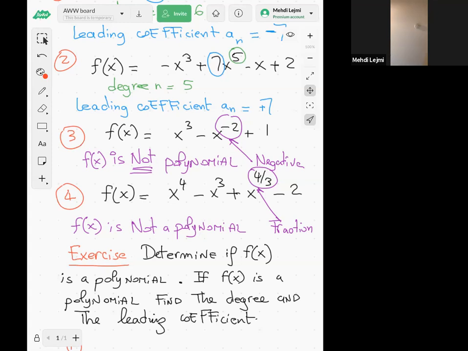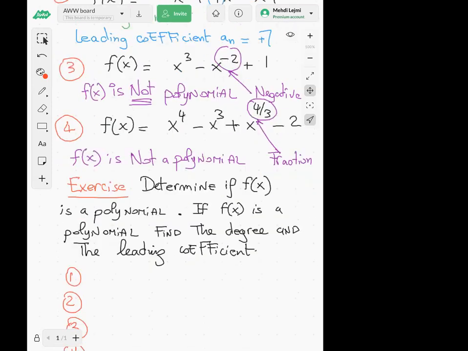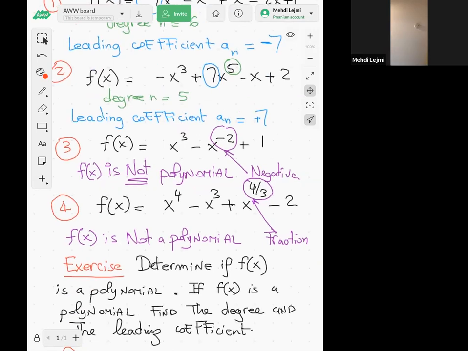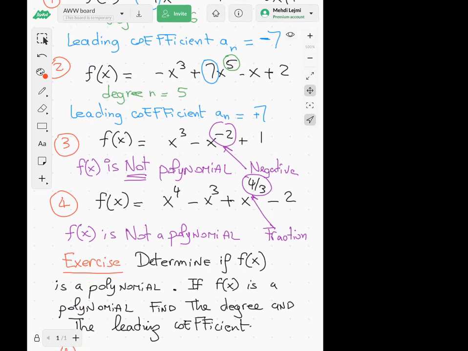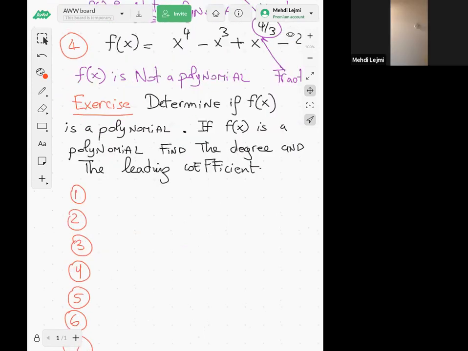So then your degree is 5. It's not 3, right? So if you have the highest power on the second term, it doesn't matter the position of your highest power. By definition, degree is the highest power. Okay, got it. Thank you. You're welcome.